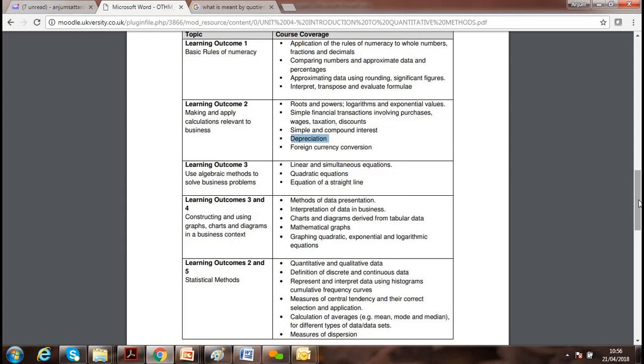Okay. Any question? No? Have you learned about linear and simultaneous equations in maths? Yes, sir. So I'll go through the very basics with you then. Then graphs, qualitative and quantitative, I will go through with you.